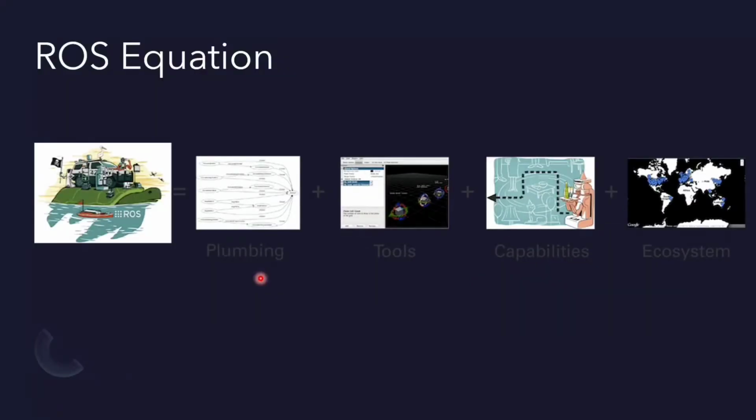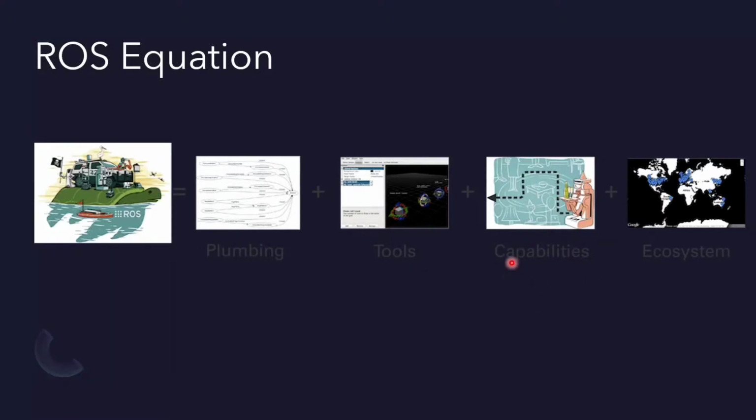So ROS can be described by an equation. If this is ROS, then it has four components: plumbing, tools, capabilities, and ecosystem. Plumbing means the communication between programs in your robotics software. Tools gives you a variety of software for sensor data, the camera of your robot, and so on, or the visualization of the robot.